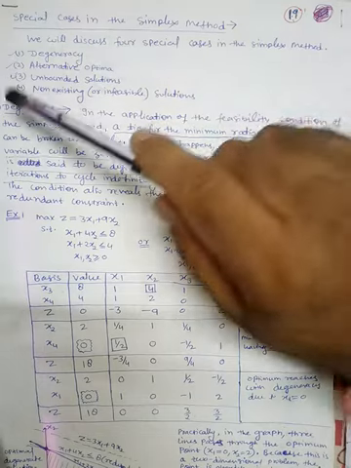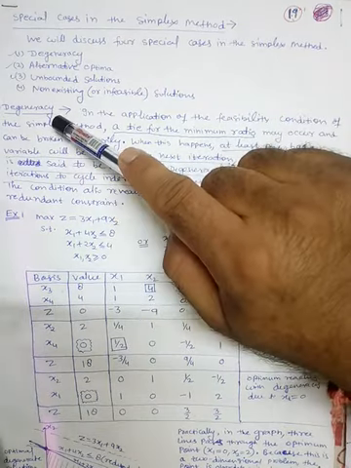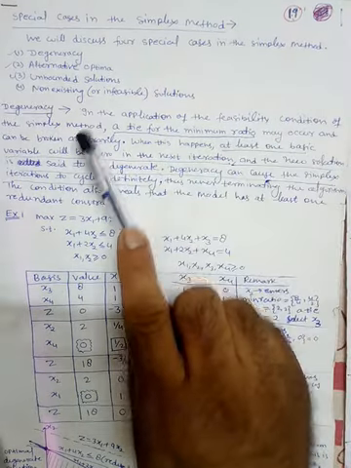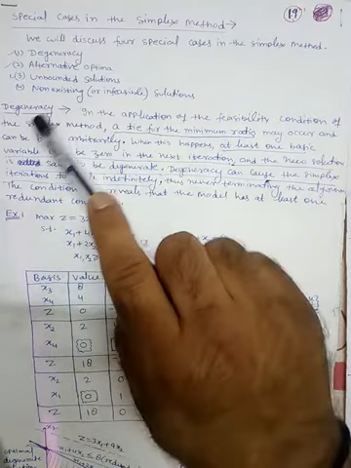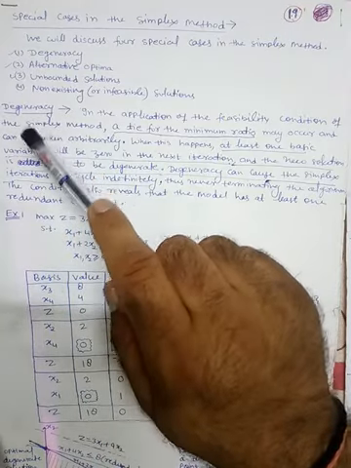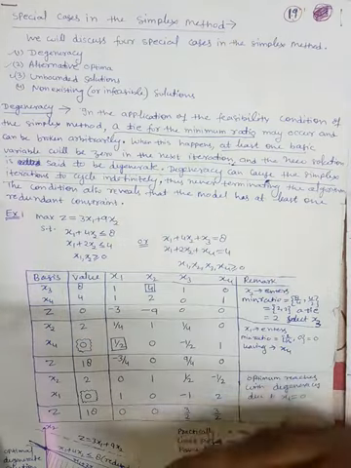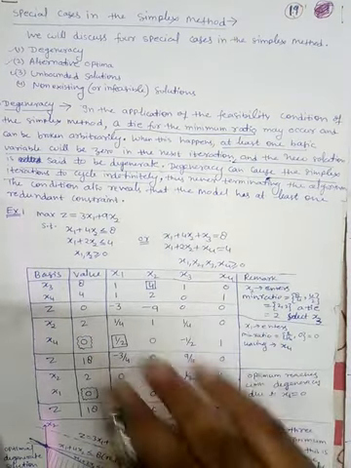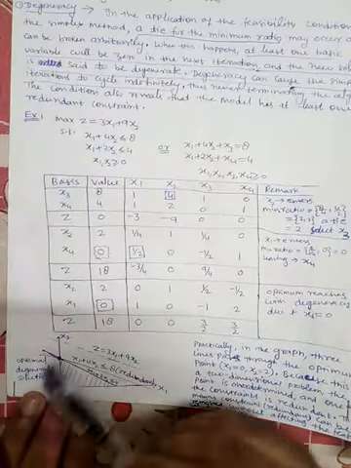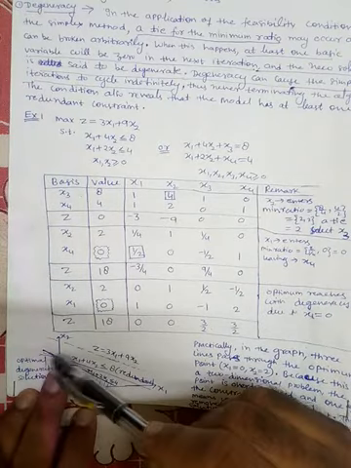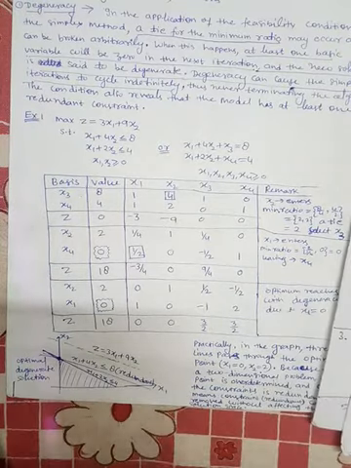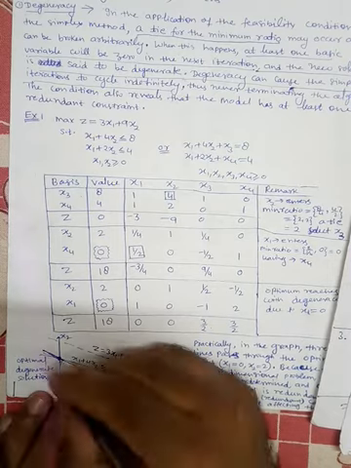Okay. First, what is degeneracy? We have already discussed degeneracy in the graphical method. Degeneracy means we have a redundant constraint. For example, in this example you can see this is redundant. If you remove this, you still get the optimum solution at this point.